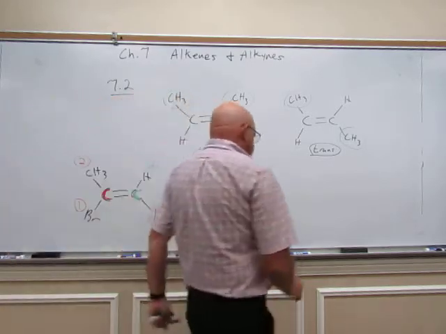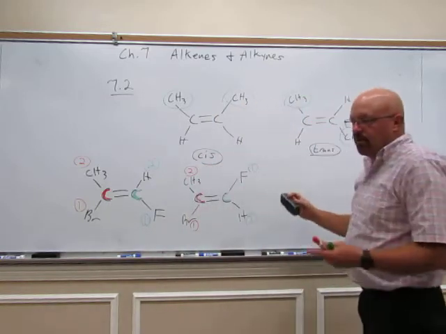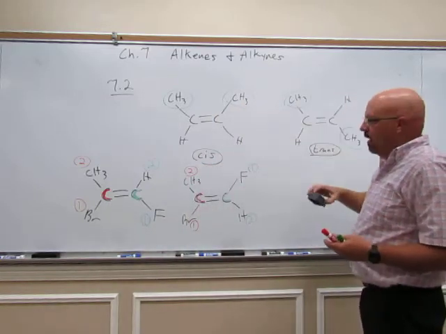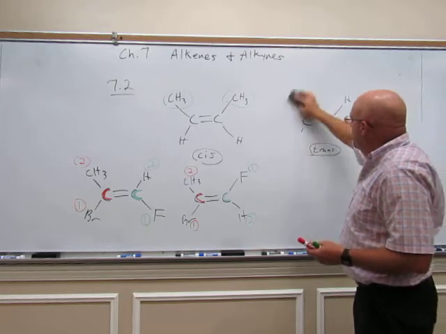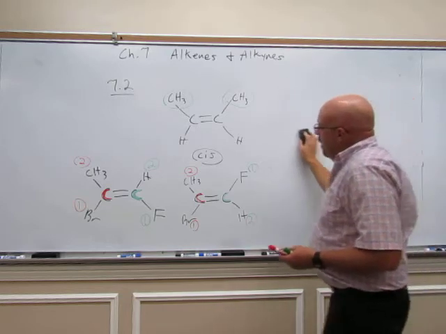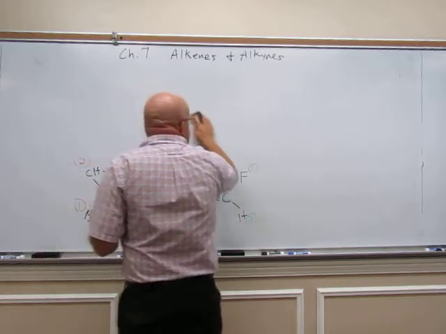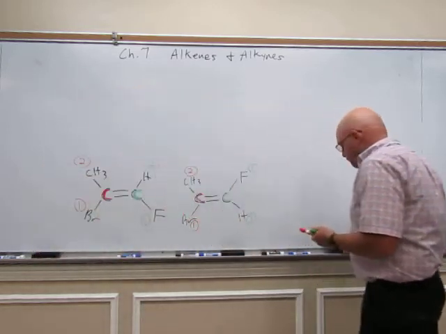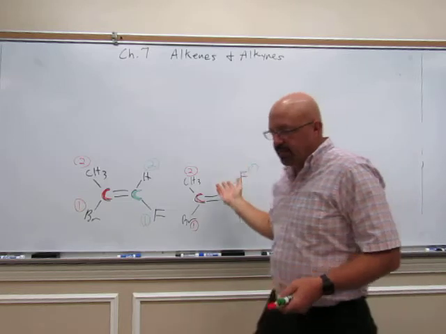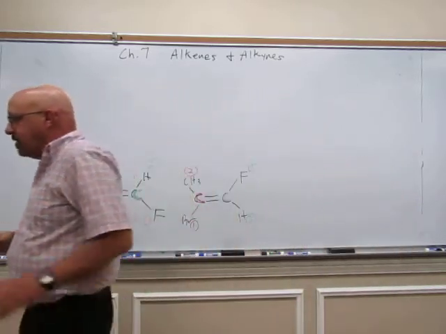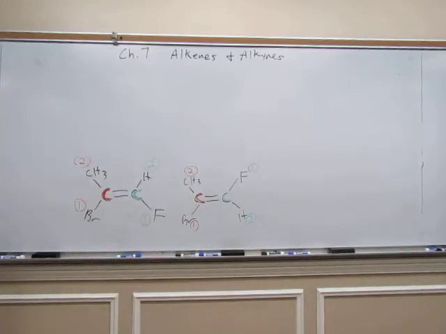Now I can't use cis and trans because cis and trans are only for di-substituted alkenes. I got two substituents on there. So I need something different. We use the letters E and Z.